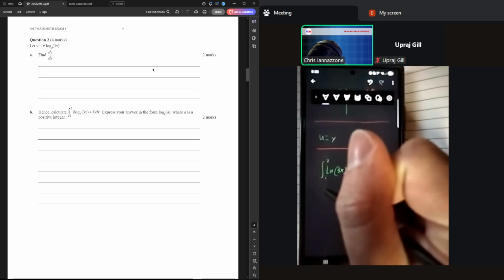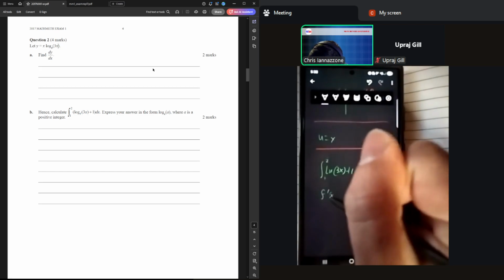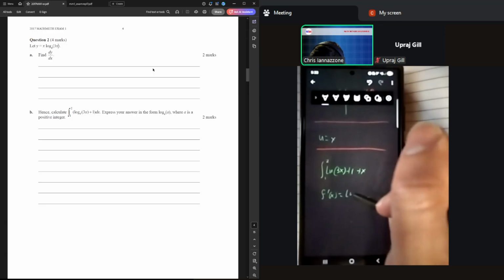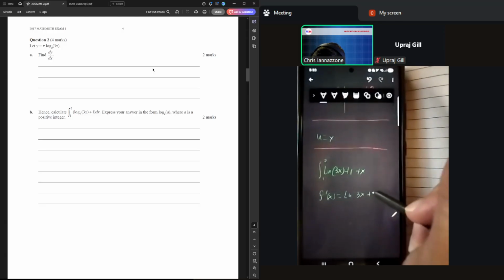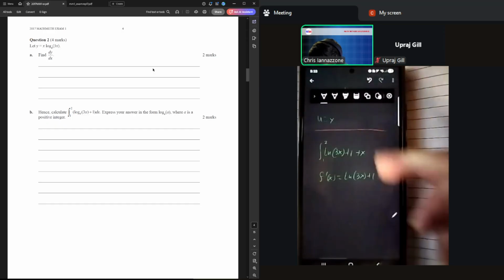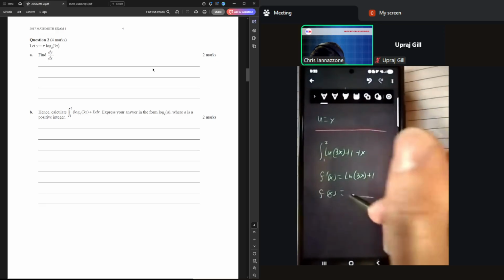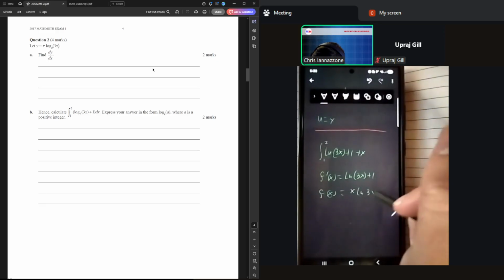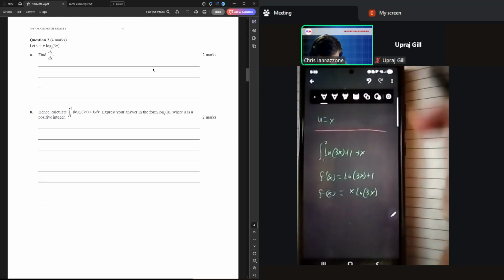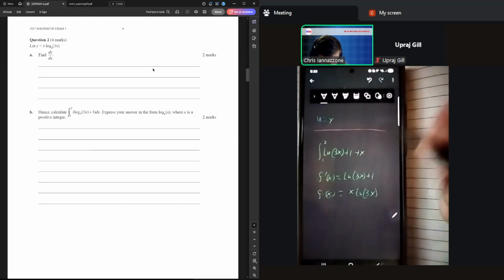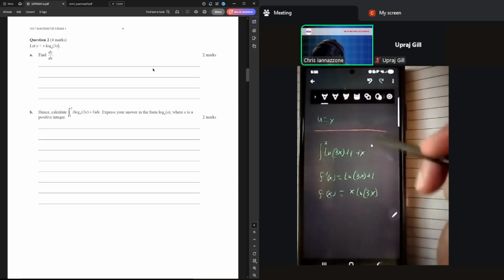Now, we found that our dy/dx was natural log 3x plus 1, and so the antiderivative, f of x, was therefore going to be x natural log 3x, like we started with in the question. But we still got this additional plus x in there.